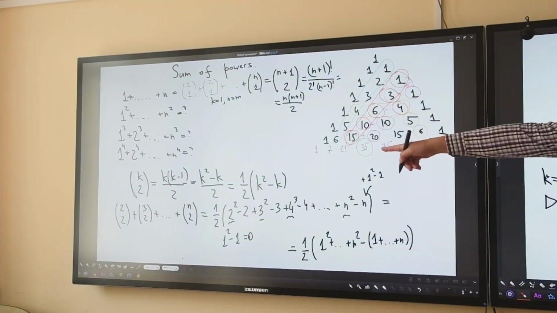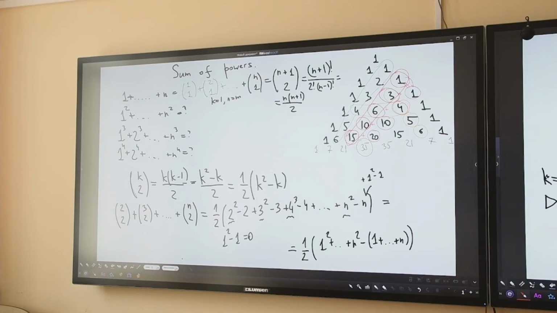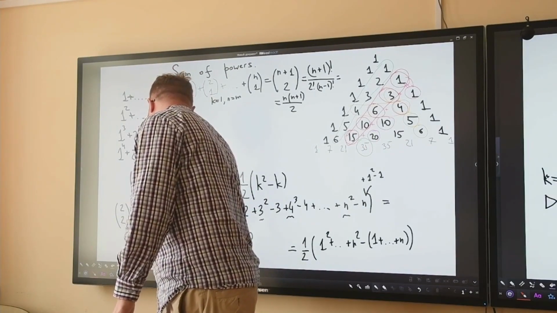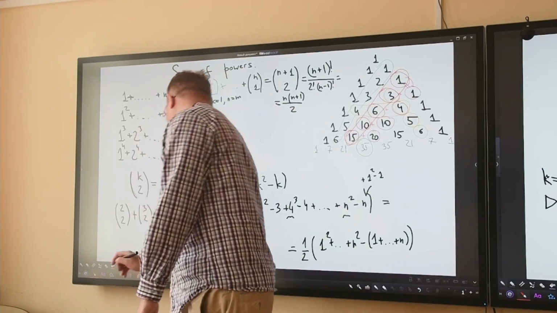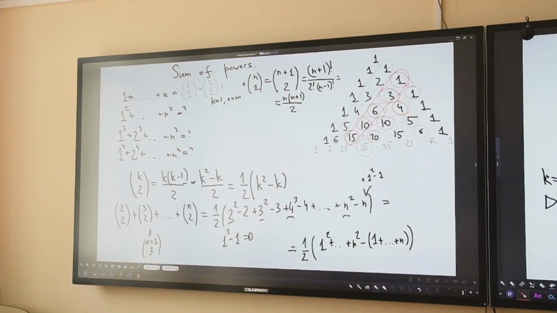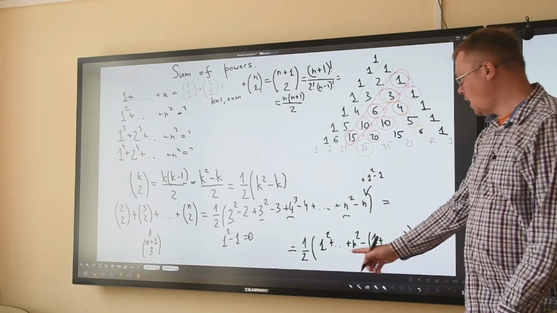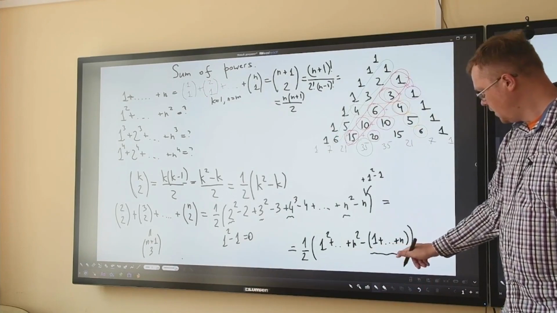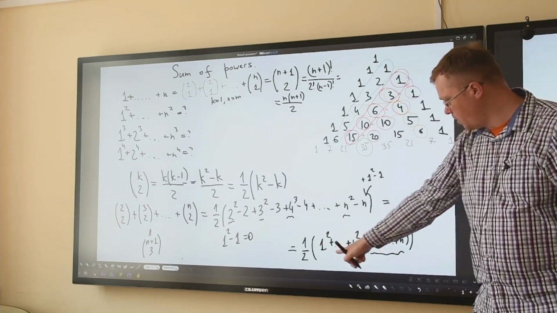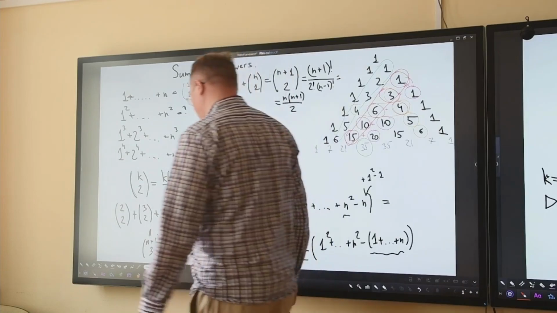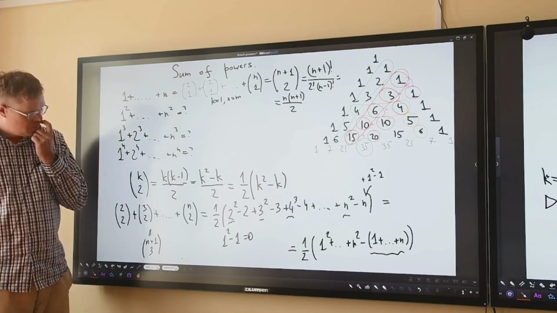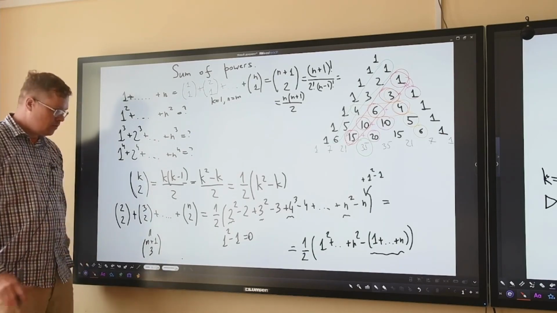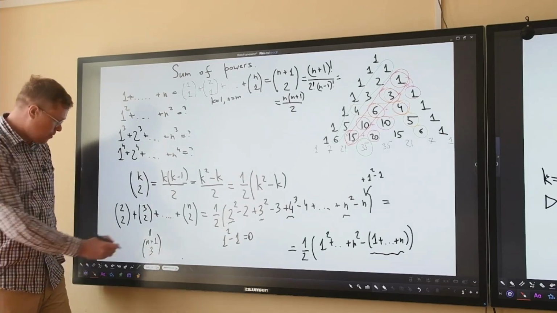And I have a formula for the left-hand side because I can use the same identity here, and this is equal to n plus 1 choose 3. Yes? So I have a formula for this one, and I have a formula for this one. And so I can find a formula for the sum of squares. Okay? n plus 1 choose 3, right? n plus 1 choose 3, yeah.